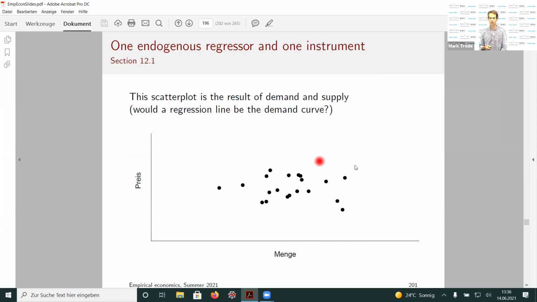So it just doesn't make any sense to put a line through this cloud of points. Okay? And the reason is that we would be interested in the demand curve, but we can't conclude anything about the demand curve from these points here, because they are caused by shifts in both curves at the same time.